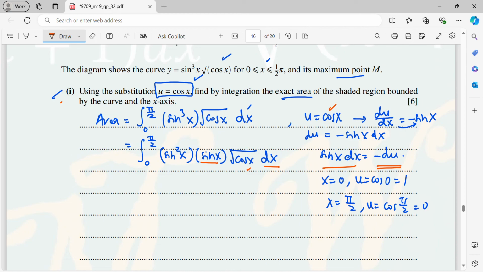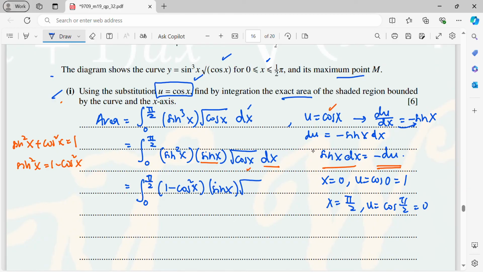And then here we have sin squared x. So now I have to use another identity. Sin squared x plus cos squared x is 1. Therefore, sin squared x is 1 minus cos squared x. That is going to be the integral from 0 to half pi of 1 minus cos squared x, then sin x square root cos x dx.